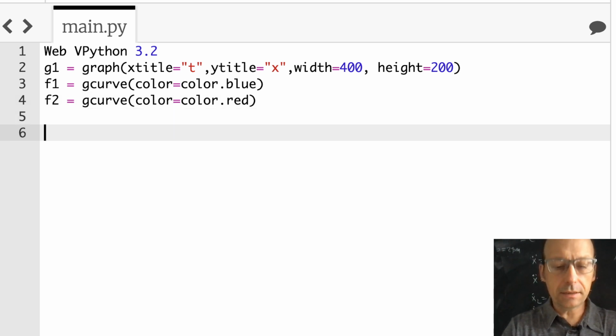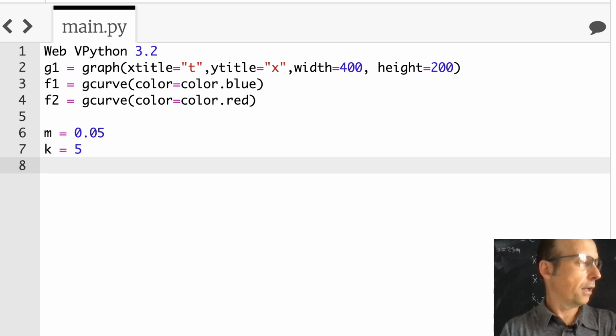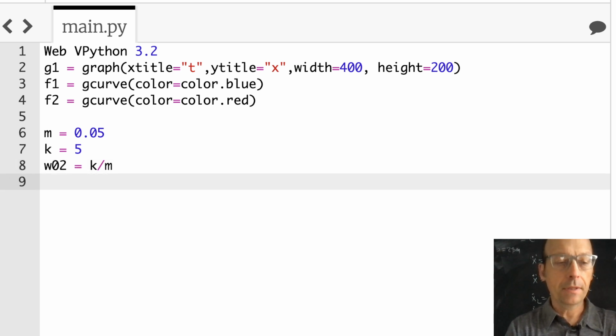Now I need my constants. m equals 0.05, k equals 5. And then omega 0 squared is k over m, so I need that. And then beta, which I'm going to call capital B, is just going to be 1.5 times omega 0. That's what I just said, right?